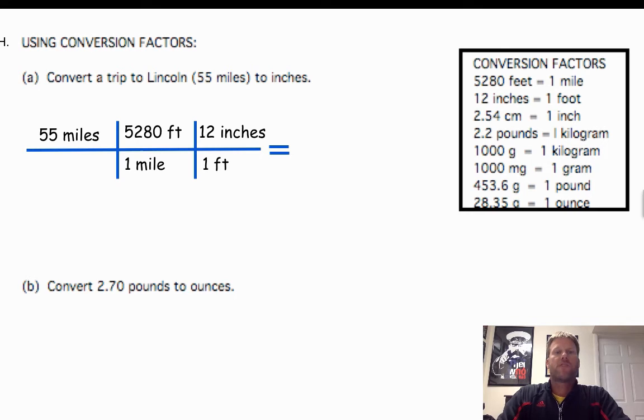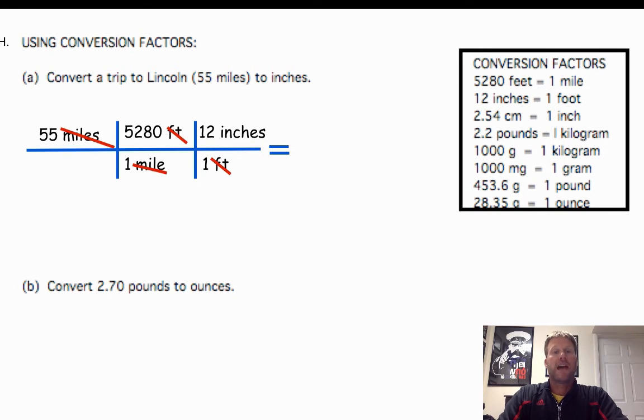Now you can see where the fancy name dimensional analysis comes from. By setting up your calculation this way, you can analyze how the dimensions, the units, cancel. Units in the top grid will cancel units in the bottom grid. So you can see that miles cancel here and feet cancel here.